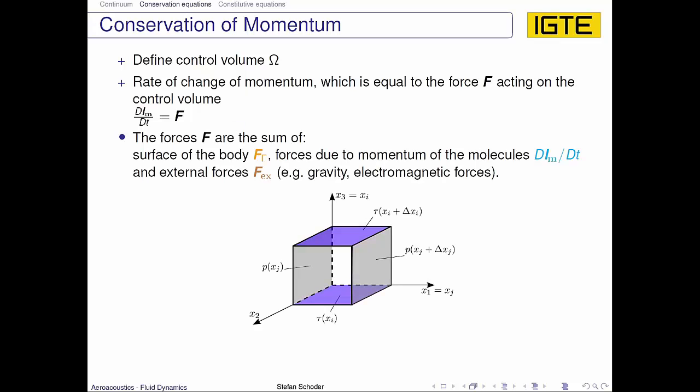the question is, what are the forces? The forces on the right hand side. The forces are the sum of surface forces acting on the body, like some attraction and some pressure acting on the body itself, and then we have some forces due to momentum of the molecules, which also enter the forces there, and then we have some external forces which are volume forces, like gravity or the electromagnetic forces.